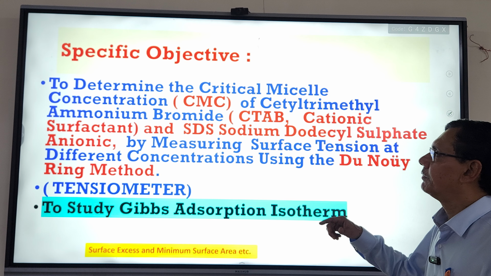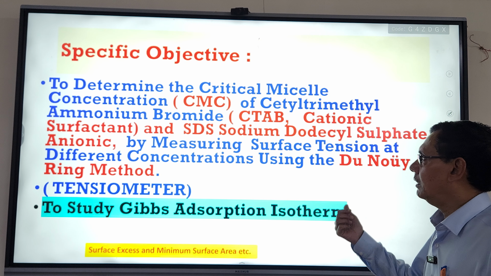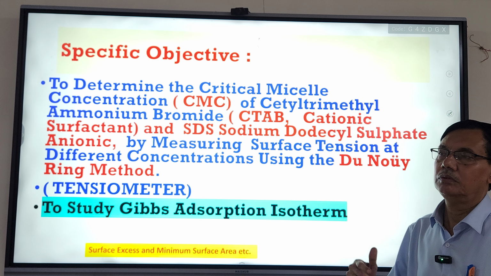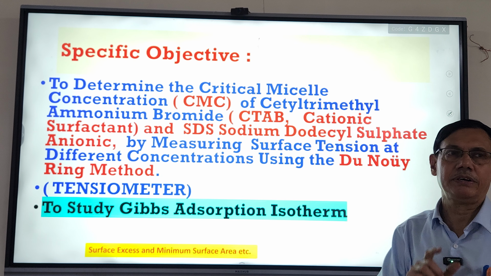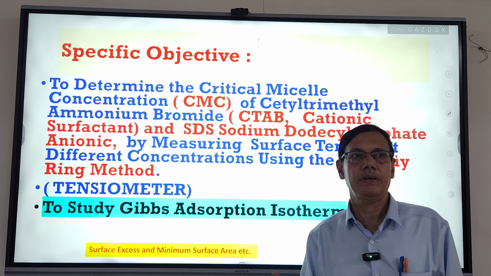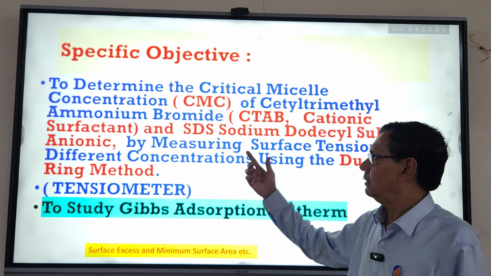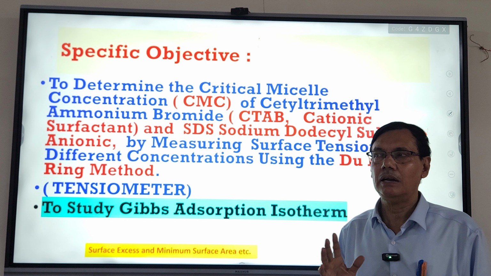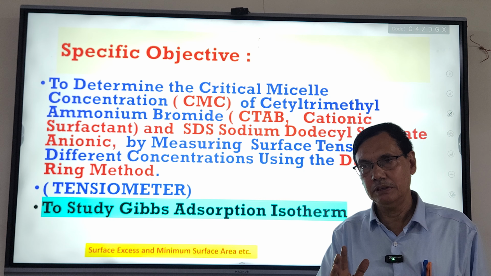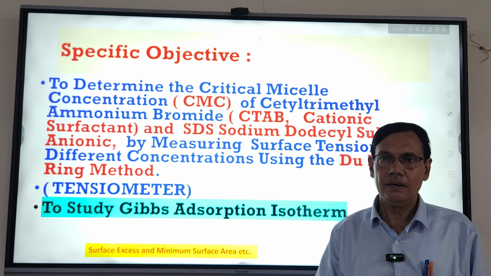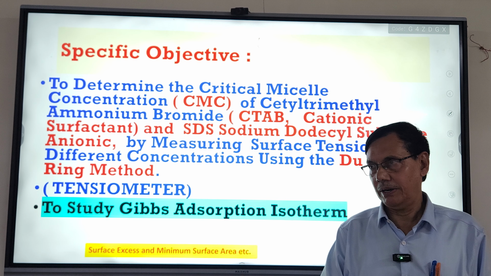So here I will give you the most common surfactant, which is easily available everywhere, and that is cetyl trimethyl ammonium bromide, CTAB, which is a cationic surfactant.